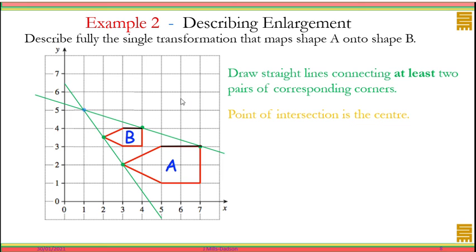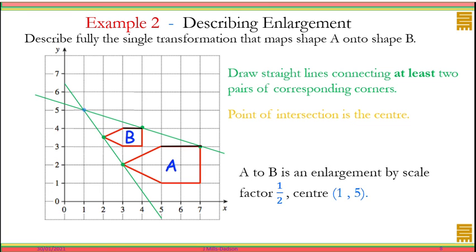To get my scale factor, object is A, image is B. Divide image by the object. Image is 1, object is 2. 1 divided by 2, or 1 over 2, is a half. So my scale factor here is a half. So A to B is an enlargement by scale factor half, center 1, 5.